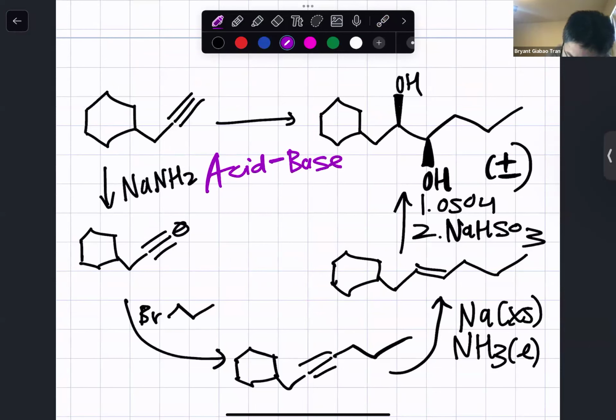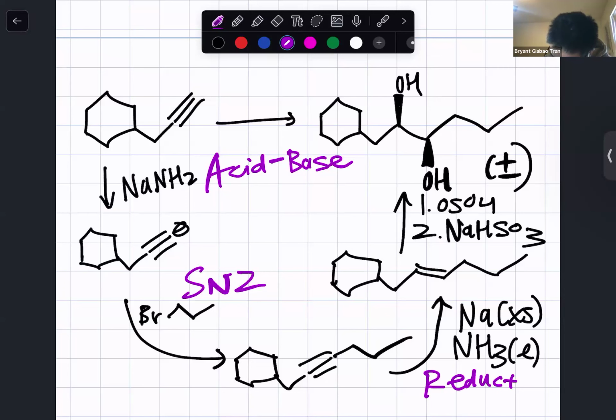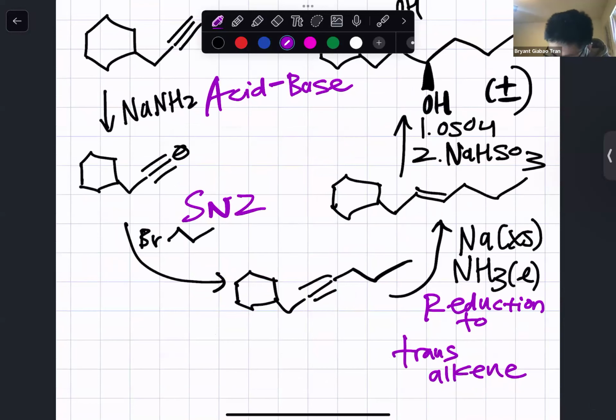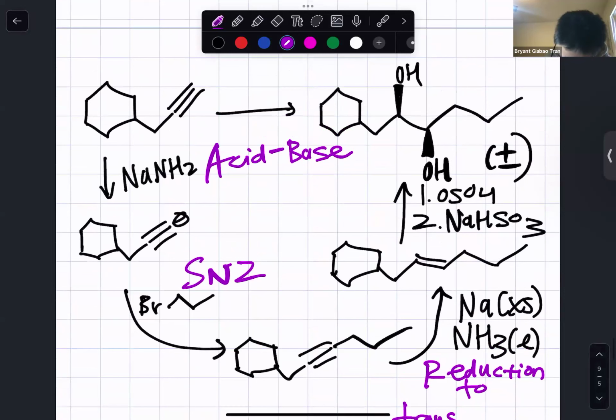First reaction was acid-base to deprotonate that and make the nucleophile. Second reaction, SN2 to extend the molecule by an alkyl chain. The third reaction was the new reaction we learned, reduction to trans alkene. And then the last reaction was from last material, dihydroxylation.